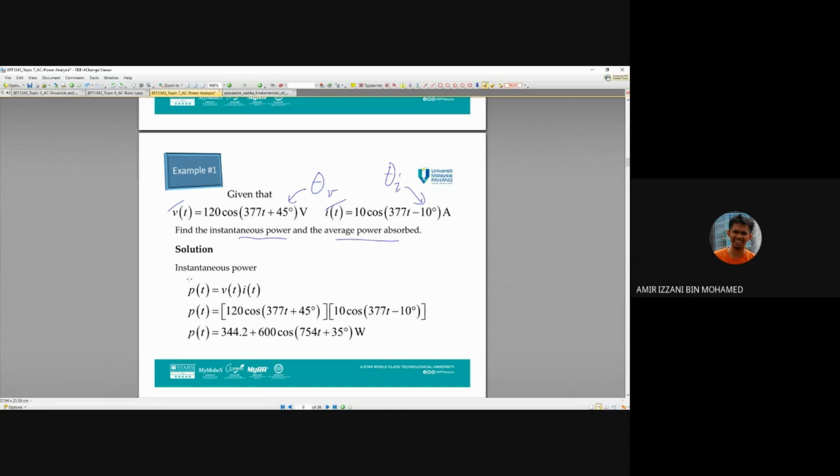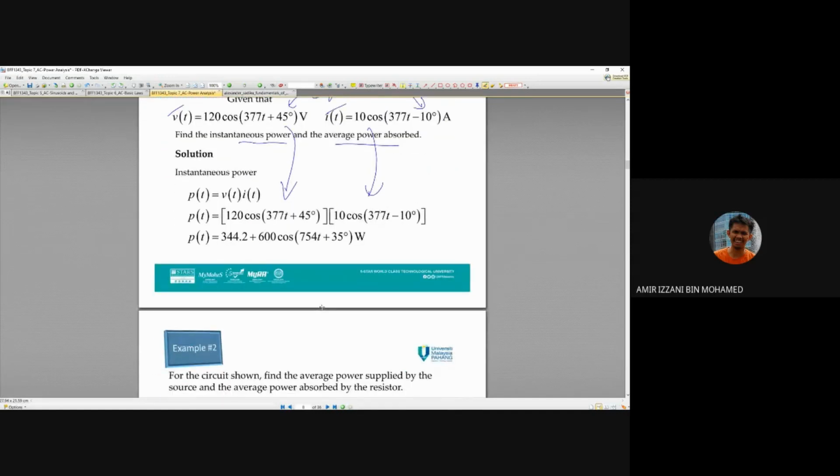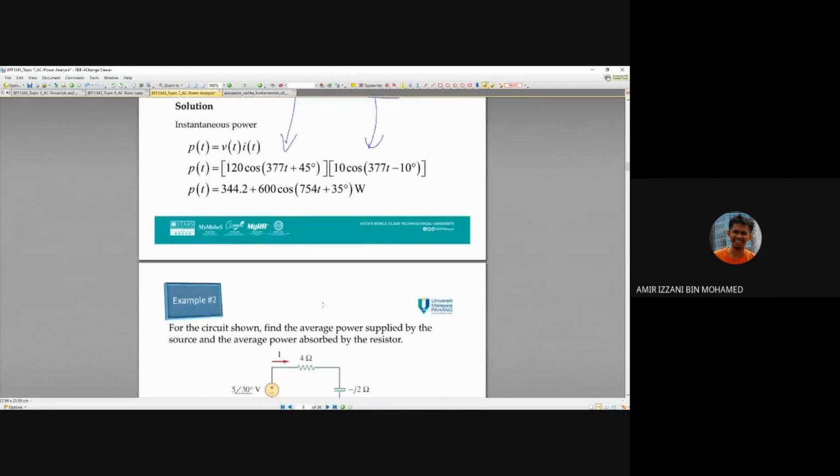To get the instantaneous power, p equals v(t) times i(t). You just fill in the equations, multiply these two, and use the identity. You can get the instantaneous power, which consists of two components, this one and this one.